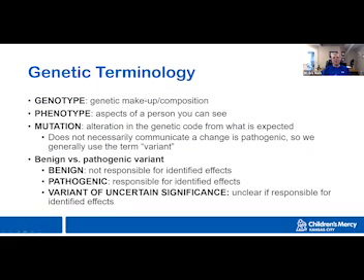So let's talk a little bit more about some of the genetic terminology. When we're talking about things like genotype, and a lot of you have probably heard us use words like genotype, what we're really trying to discuss is genetic makeup, or whatever the genetic composition is of a person. Oftentimes we'll talk about genotype when we're only talking about an alteration to one gene. For instance, when we're talking in our families, we might be interested in a genotype for a person for a gene like PEX1.